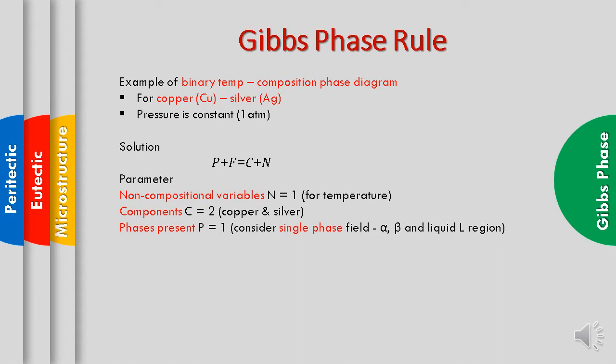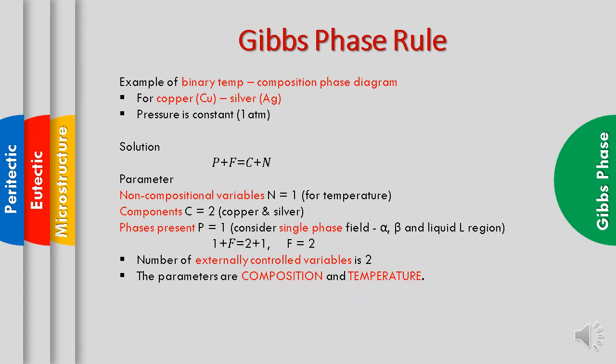So we have this information so that we can find the value of F. Once we substitute the values, we get F equal to 2. So the number of external control variables is 2. So the parameters are composition and temperature.